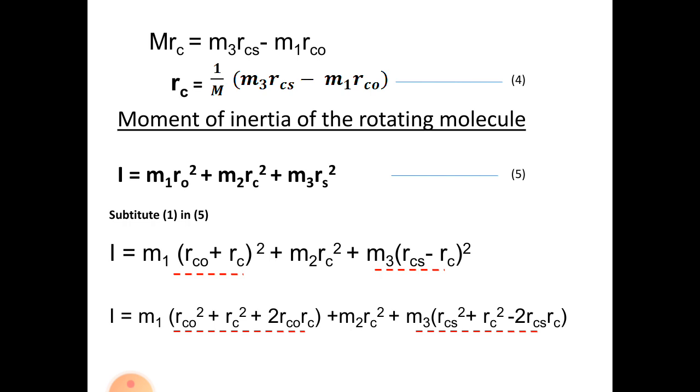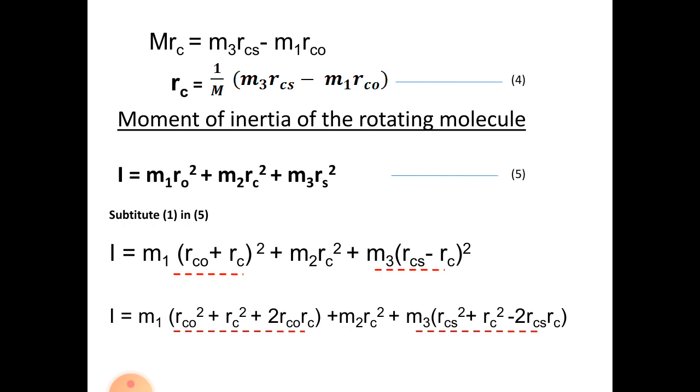Then the moment of inertia of the molecule about end-to-end rotation is given by I equal to M1 RO square plus M2 RC square plus M3 RS square. Then you substitute the values of RO and RS from the equation 1 in this and expand the terms. Here we used the formula A plus B the whole square is equal to A square plus B square plus 2AB.